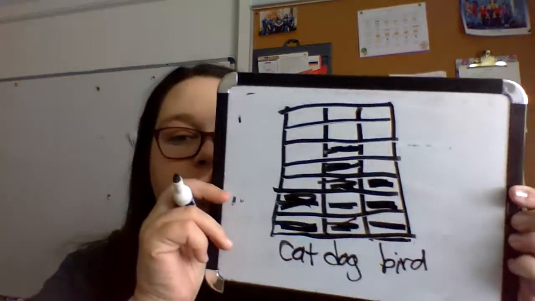This time we still used 10 people, and we still asked them which animal they liked. So I have cat, dog, and bird. Instead, of the 7 people who liked cats, really 5 of them liked dogs. So you would color in 1, 2, 3, 4, 5, and only 2 people really only like cats, and those 3 people who like birds still liked birds. So that's what you would do to make a bar graph.